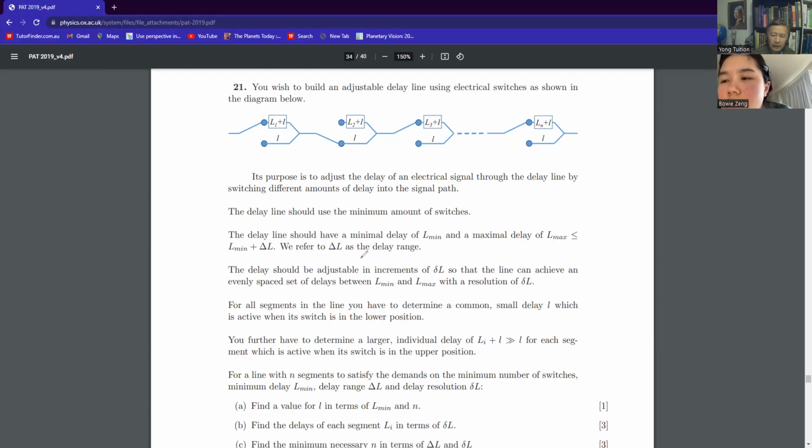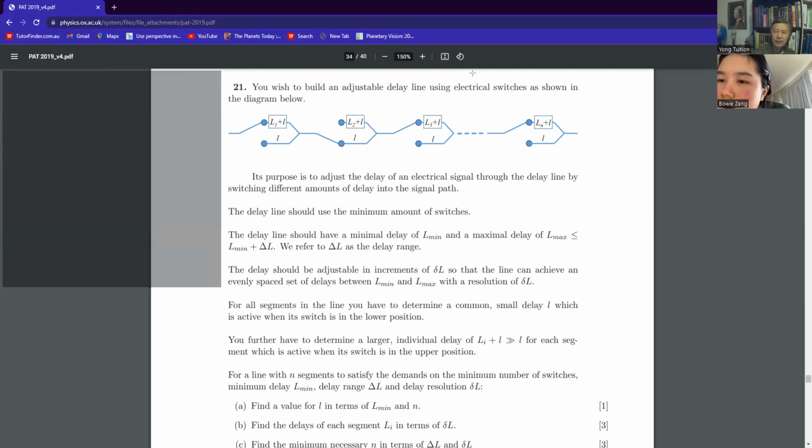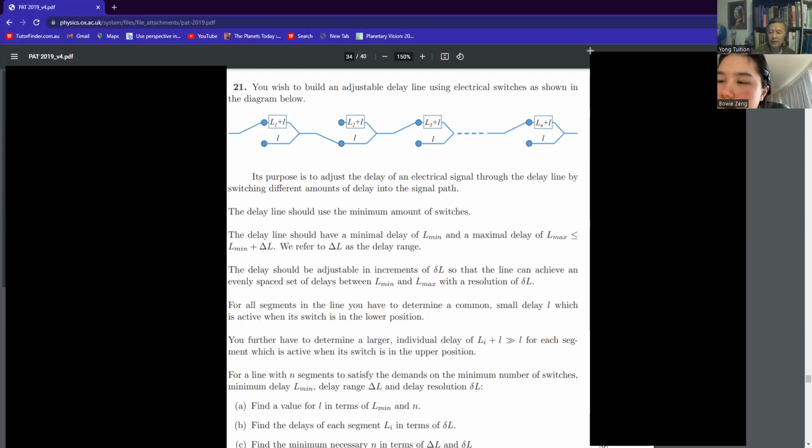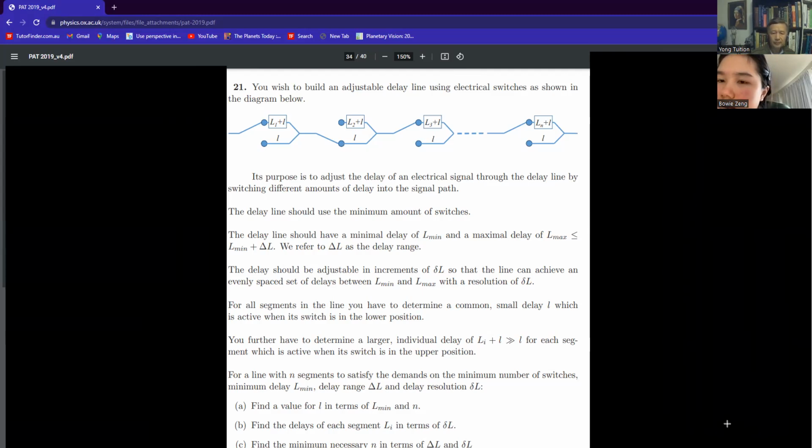We refer to delta L as the delay range. What range can they delay? Because they are confined by the maximum and minimum switches. The more switches you use, the longer delay you can make, but they have a minimum and a maximum. Again, this is not a standard physics question, so you have to learn how to count, basically.